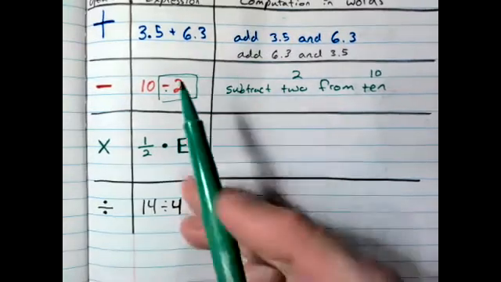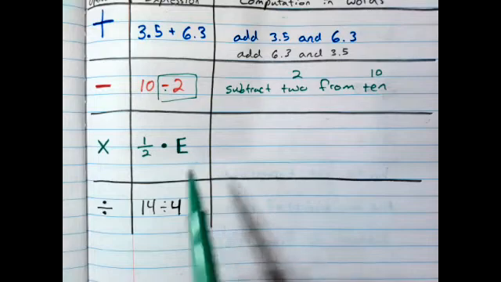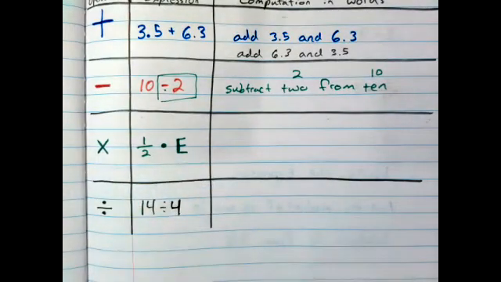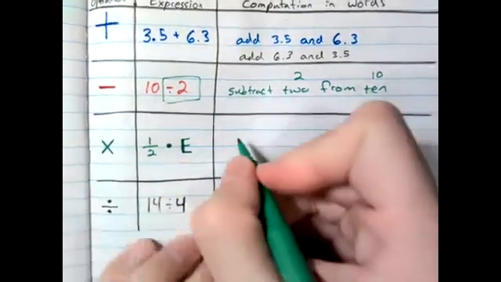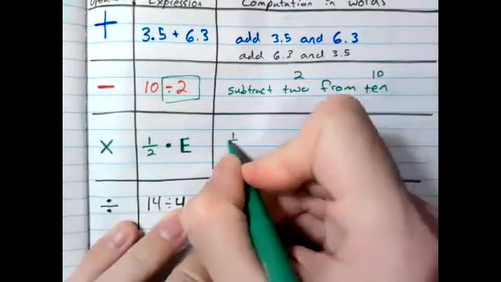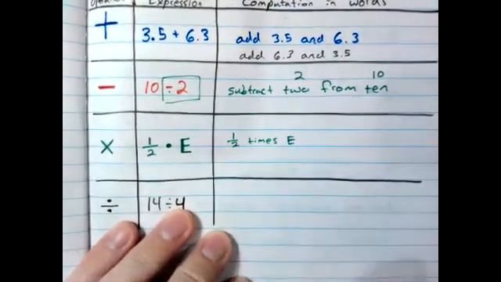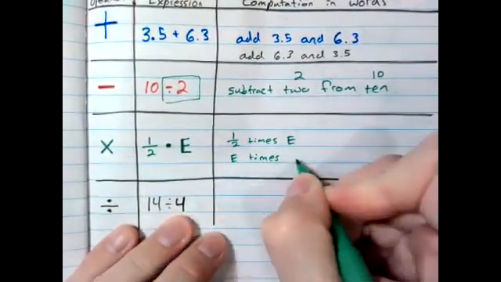All right, let's look at multiplication. Just like addition, where the add-ins could be reversible, the same is true for multiplying these two multiples. So we've got 1/2 and we've got a variable e. So we could say 1/2 times e. We could also say e times 1/2.